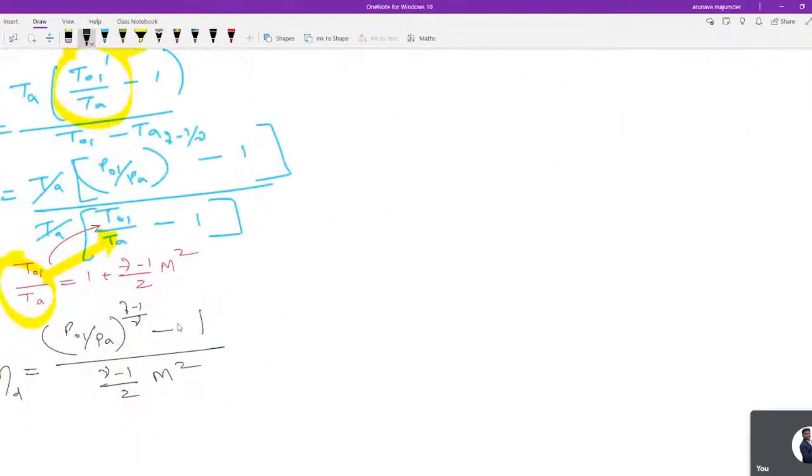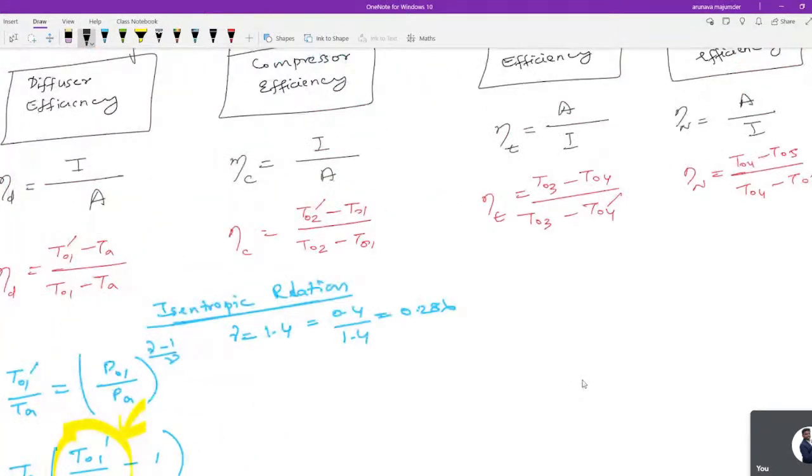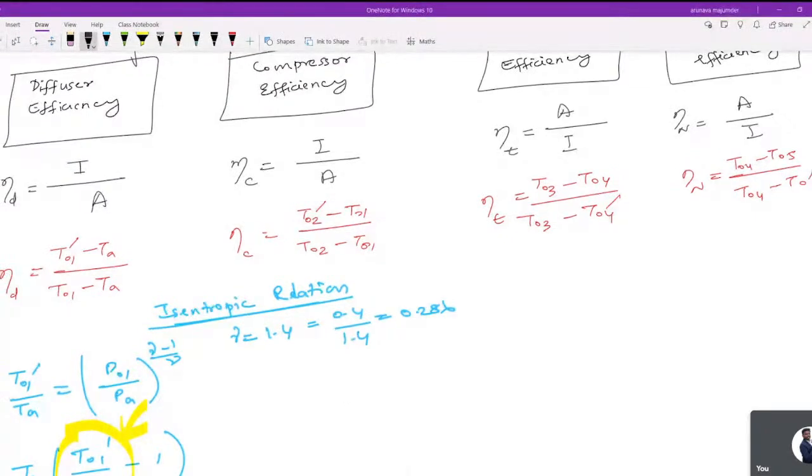If you remember these simple four expressions, that will serve the purpose for the rest of your solution, because you're going to use the same thing. Even if they ask about the compressor problem, you're going to use the same formula. Just kindly give me the feedback so in future I can make some necessary changes.